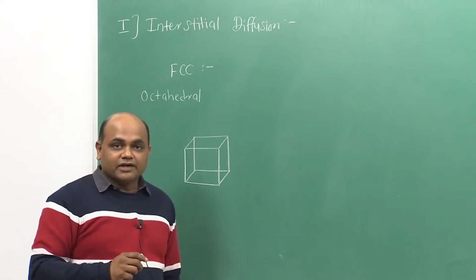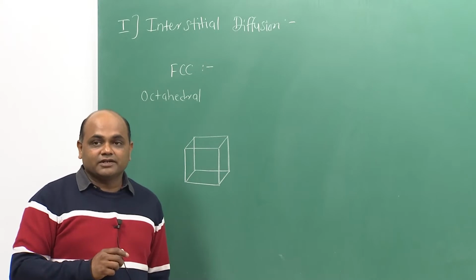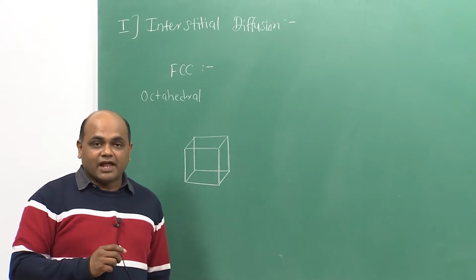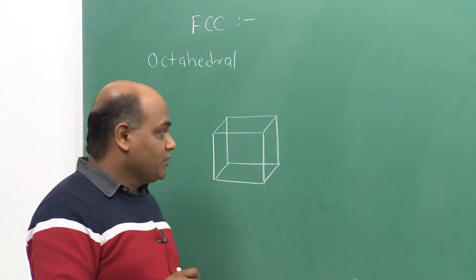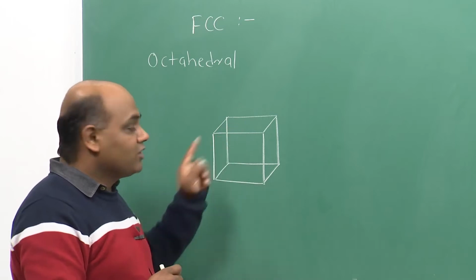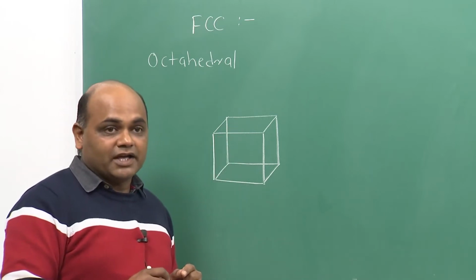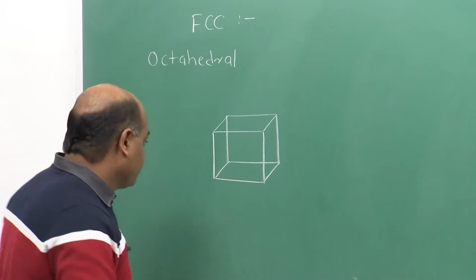Octahedron is a figure having 8 faces. So, the octahedral interstitial site lies at the center of an octahedron, which you can draw with the regular atoms of the lattice site at its corners.